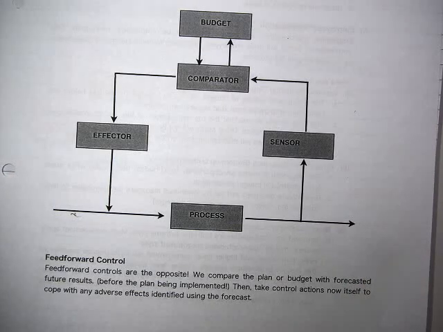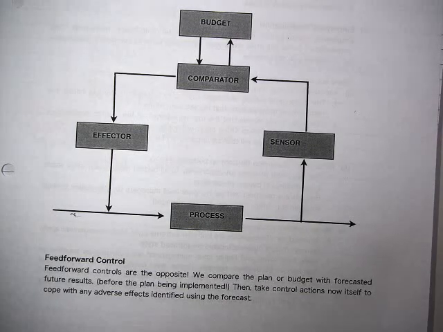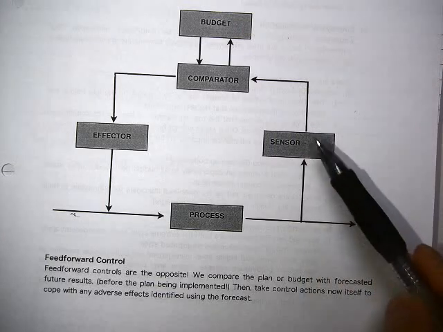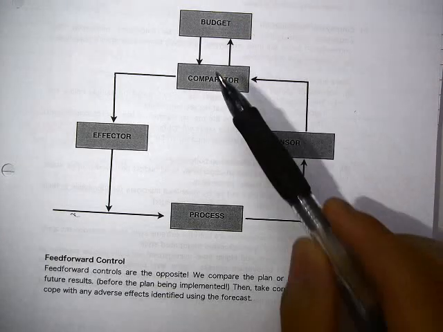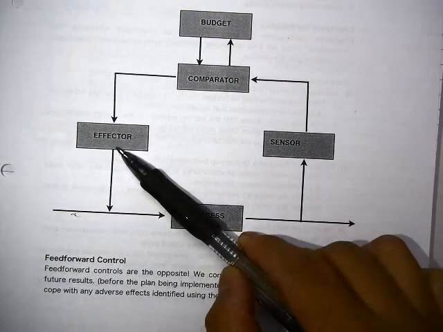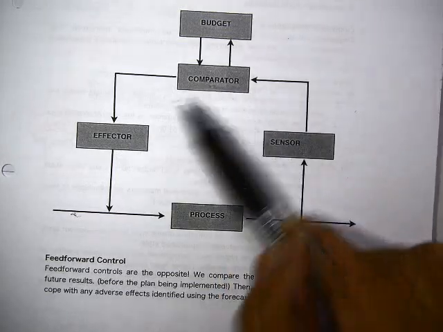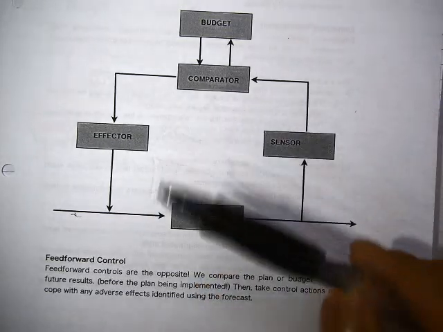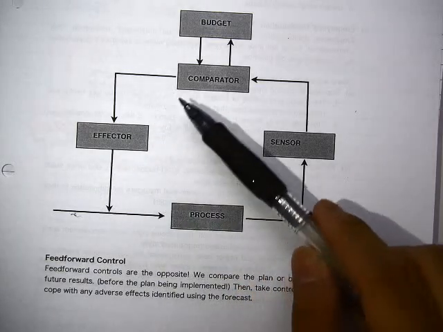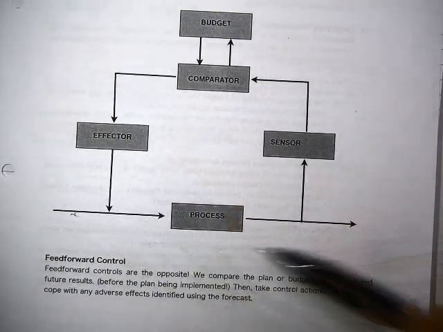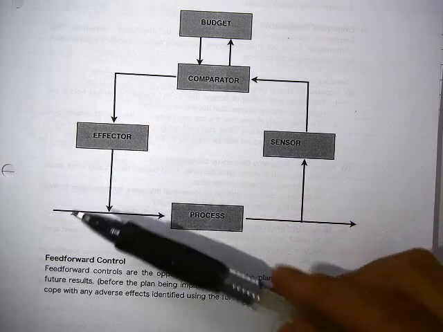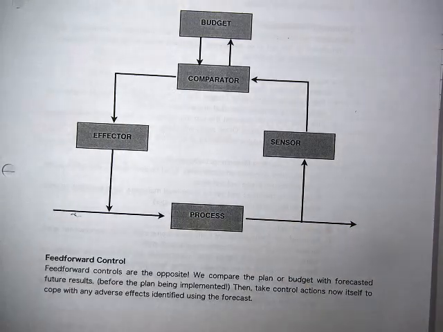Okay, you see that in the whole feedback control system, there are a few components that will be in action. These few components, we gave them a term called sensor, comparator, and effector. Okay? Sensor, comparator, effector. Alright? Now, what happens is you do your work. When you do your work, the one that will implement the work is called the effector.